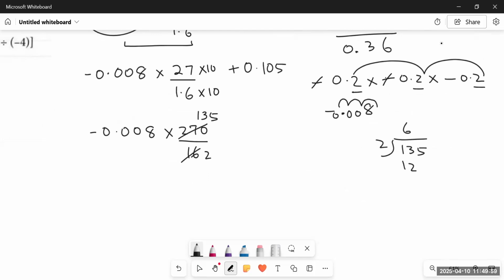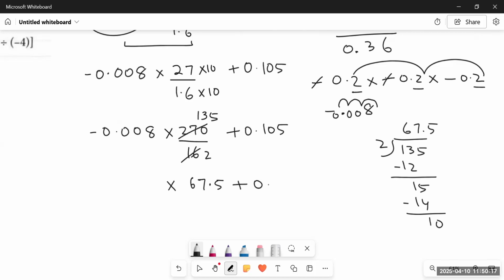2 sixes are 12. 1 comes down. 2 sevens are 14. Put a decimal. And here comes 67.5. So we will write 67.5 plus 0.105 multiplied by minus 0.008.